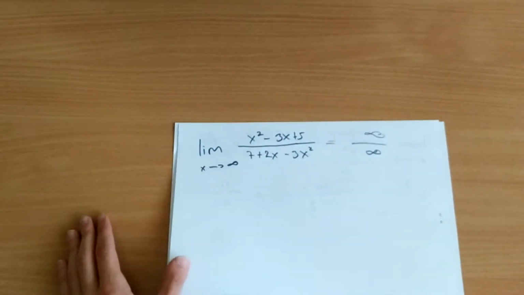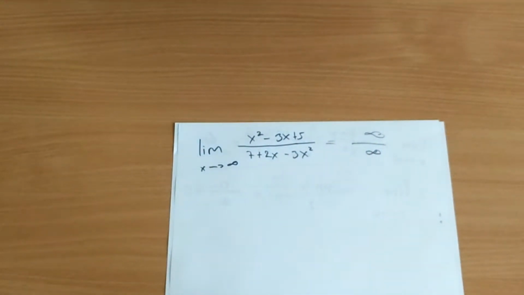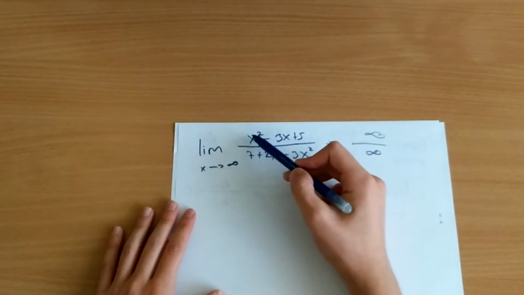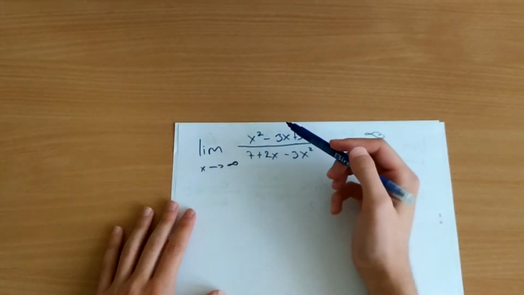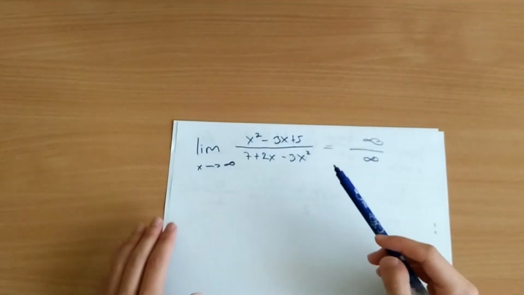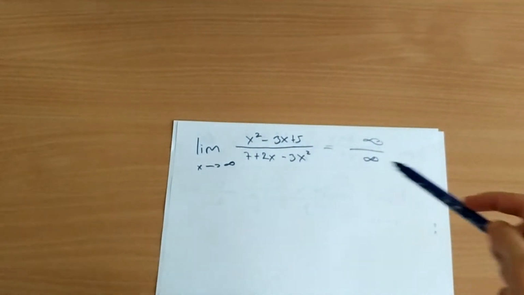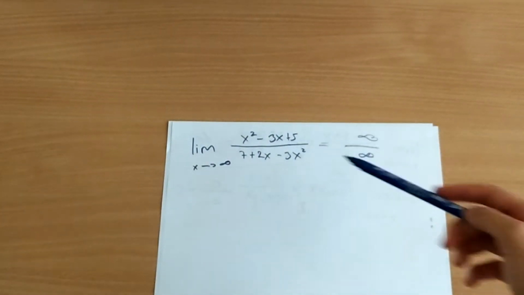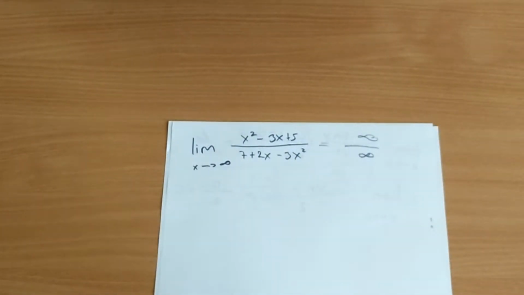Now you know that infinity is not actually a number, but we can think of it as having a very large value. And here, since we have infinity squared, that will be much bigger than minus 3, either of plus 5 or minus 3 infinity.